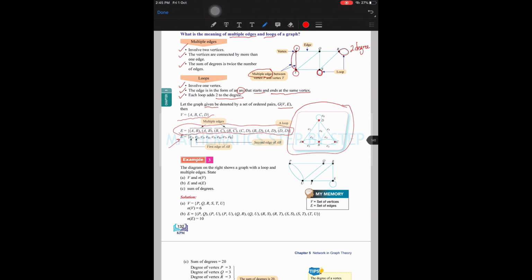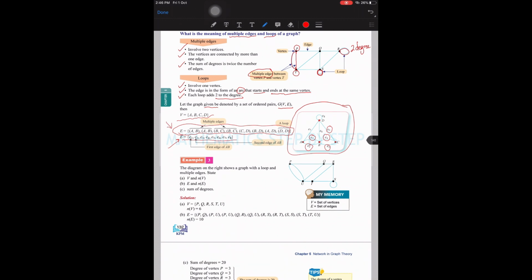Okay, I personally prefer this method more, okay, because it's easier. You can see in this case the edges are named after E1, E2, E3, E4 and so on. Okay, so this is the method that we can use to show the set of edges also.